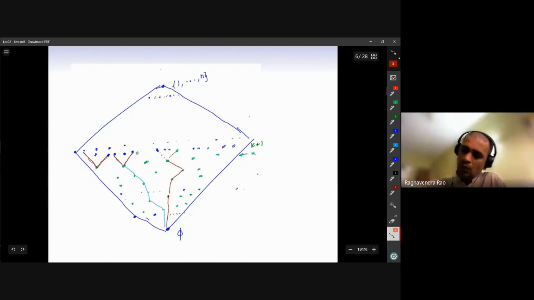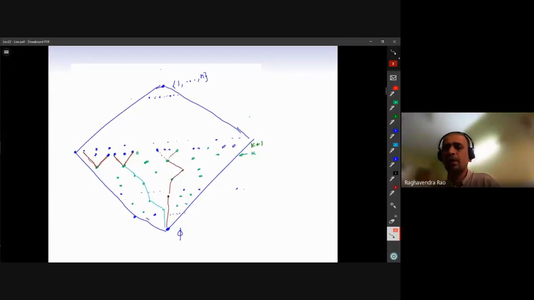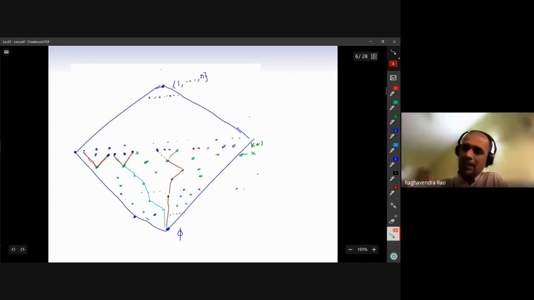You go on and stop at, say, layer k, where all neighbors are blue, non-green. That means this happens to be a maximal independent set, but it is not maximum, because there is an independent set of cardinality k plus 1. Of course, it's not really an independent set because it's not a matroid, but I'll use the term. This is what happens, particularly for problems which do not admit greedy algorithms.